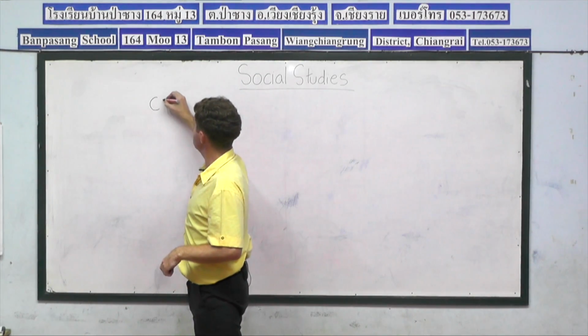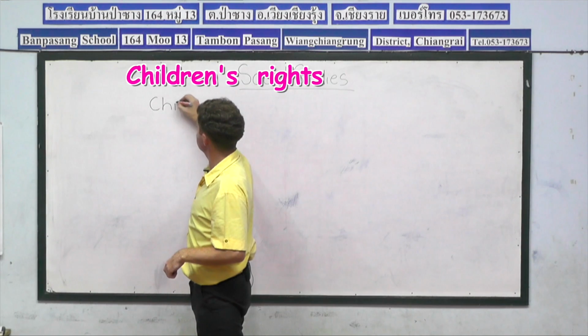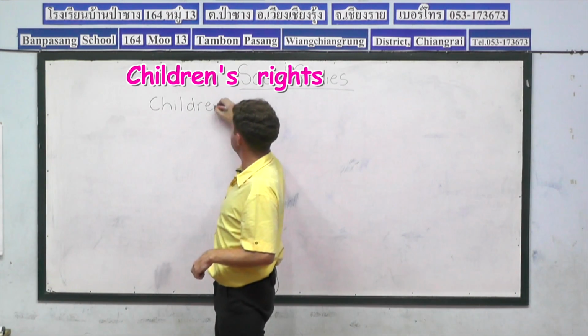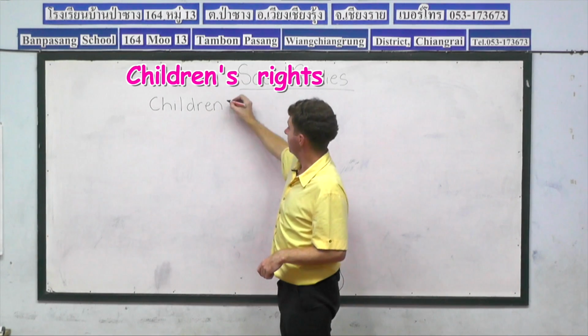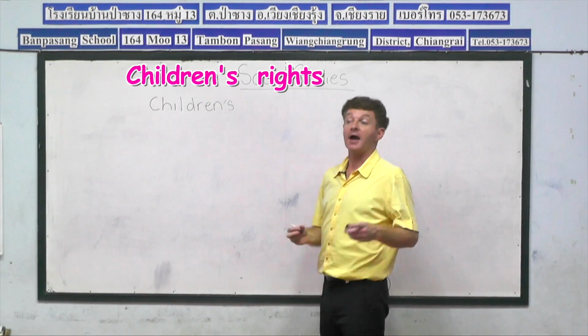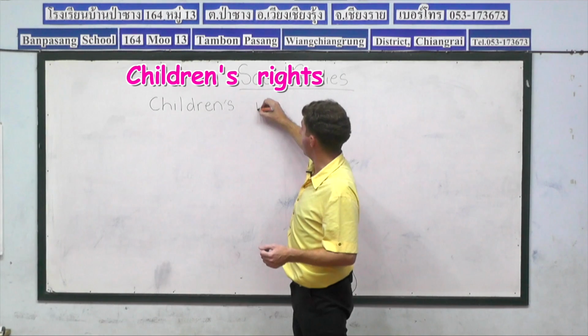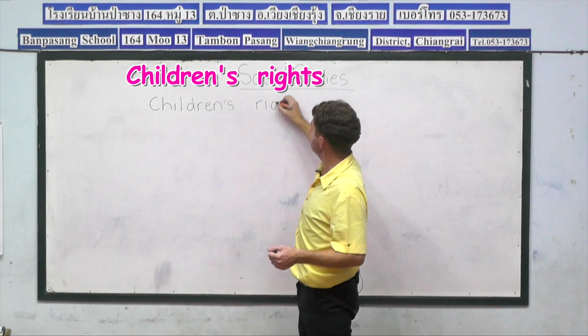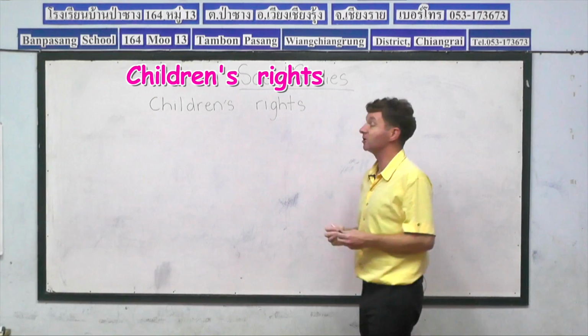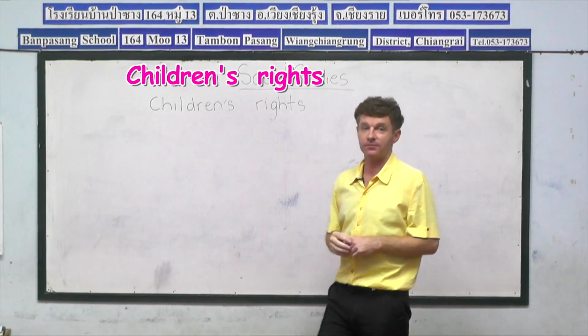Children, C-H-I-L-D-R-E-N. Apostrophe S, children's. And rights, R-I-G-H-T-S. Children's rights.